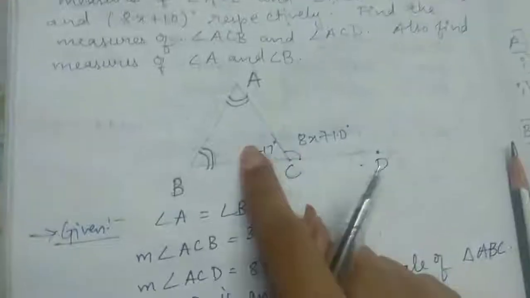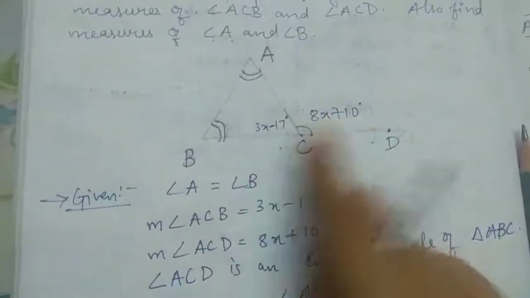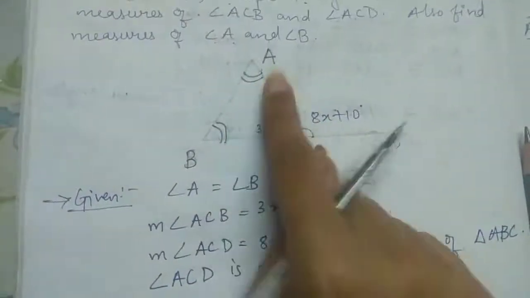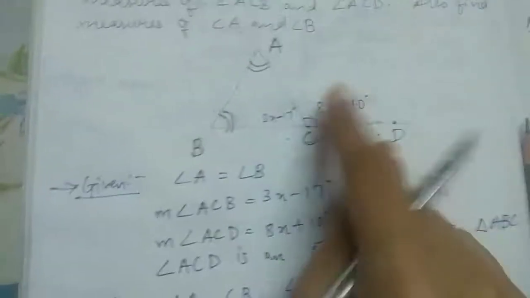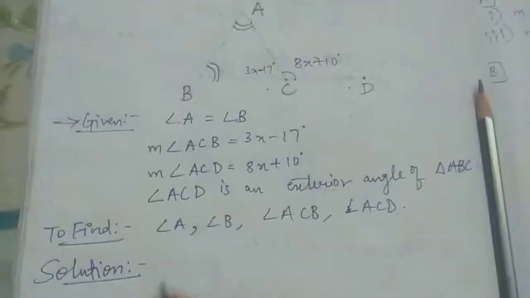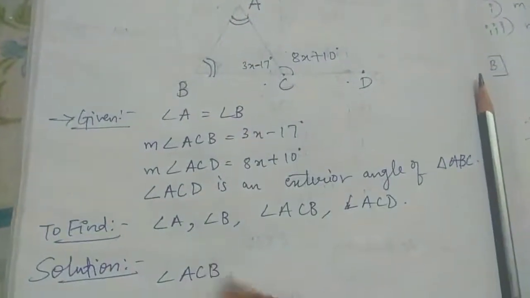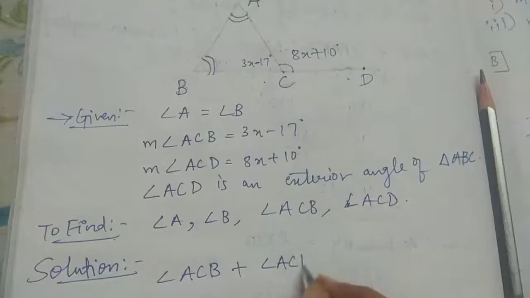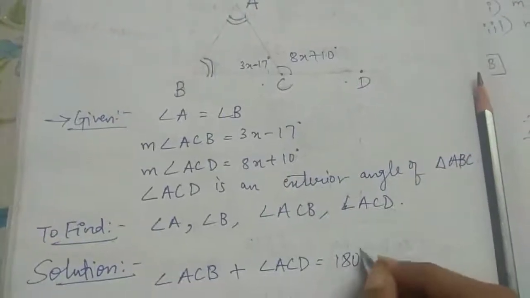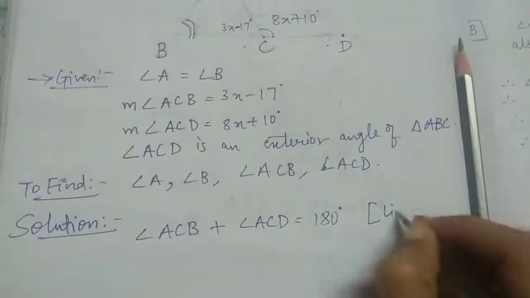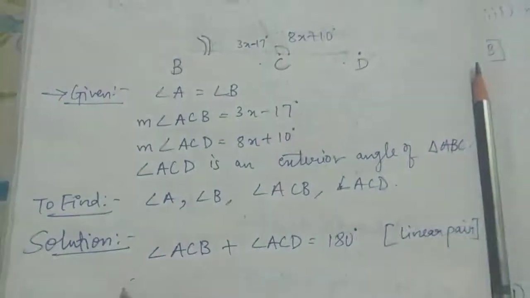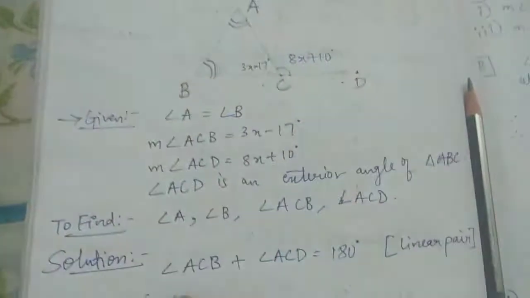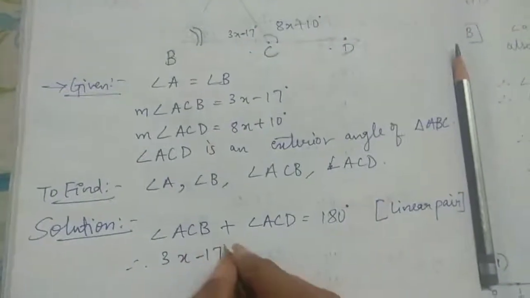First, let us use linear angles here. When ACB and ACD we add up, we will get 180 degree because they are linear angles in a straight line. So angle ACB plus angle ACD equal to 180 degree. Reason we will write linear pair. Now how much is ACB? 3x minus 17.